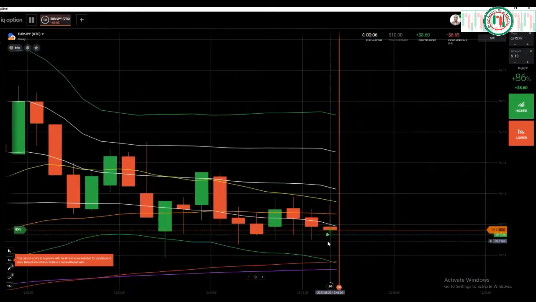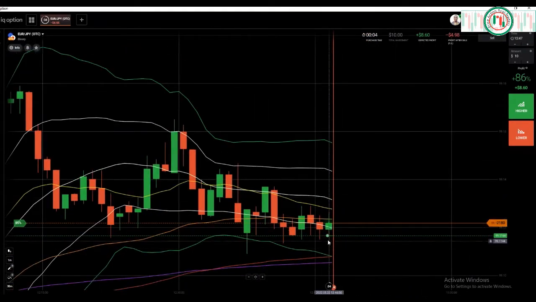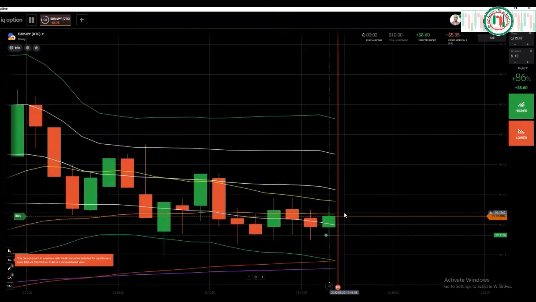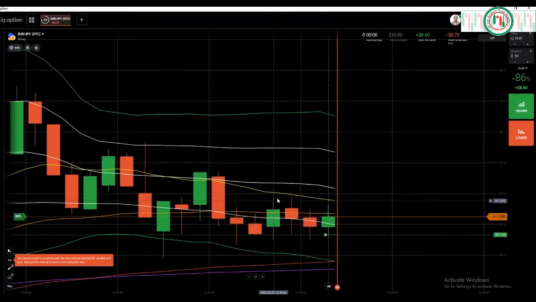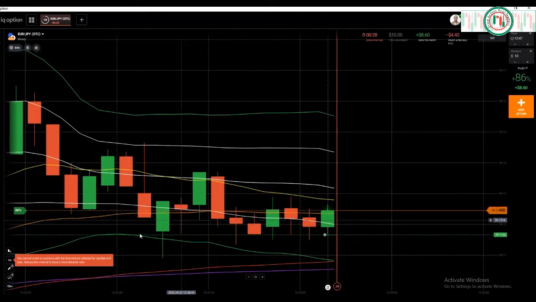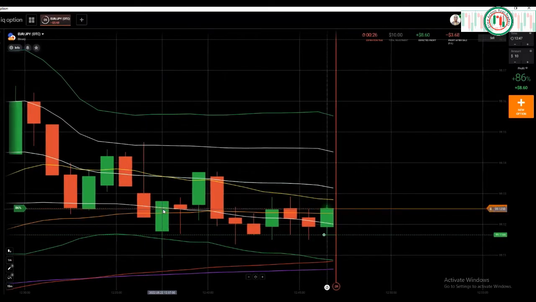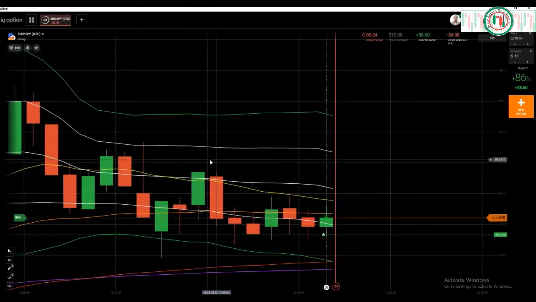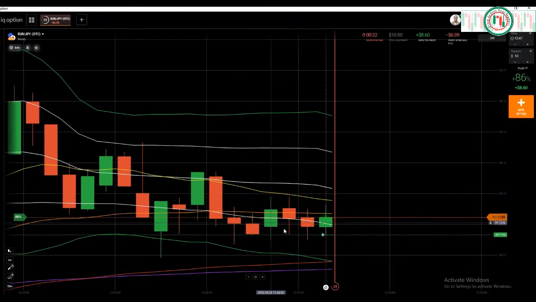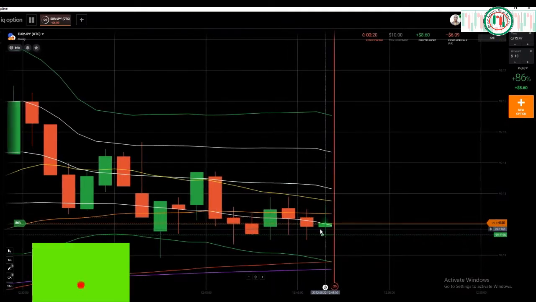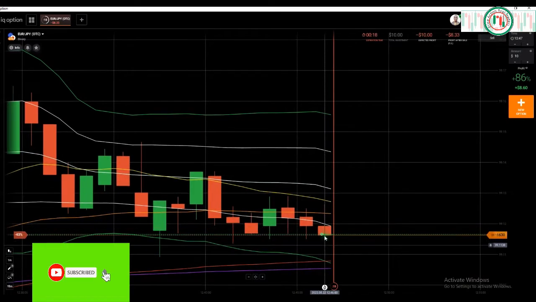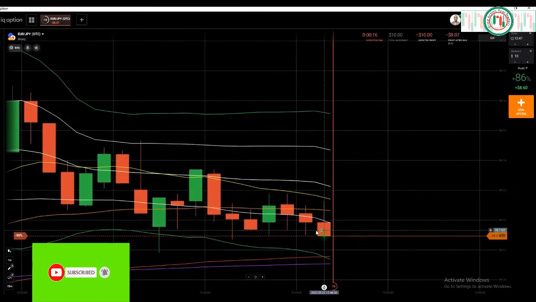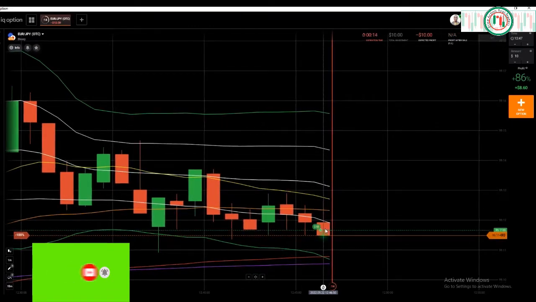Very nice entry point. I place my trade call option here because you see this is engulfing here, and here is another engulfing, here is another engulfing. So this zone is a very strong zone, so that's why I wait for the market to come down and get a good margin of safety.